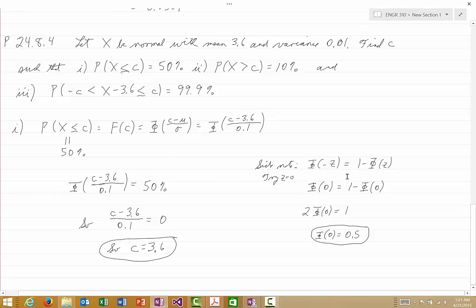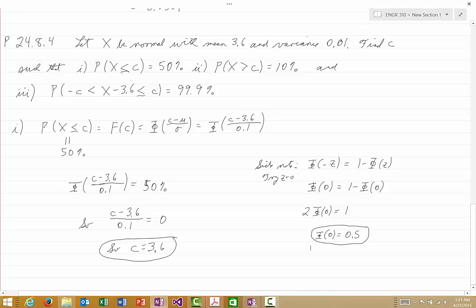But I'm just showing that if you had used this equation from table A7, you could have also found out that the value of the argument that will make phi equal to 0.5 is exactly 0, as we found and used right here.